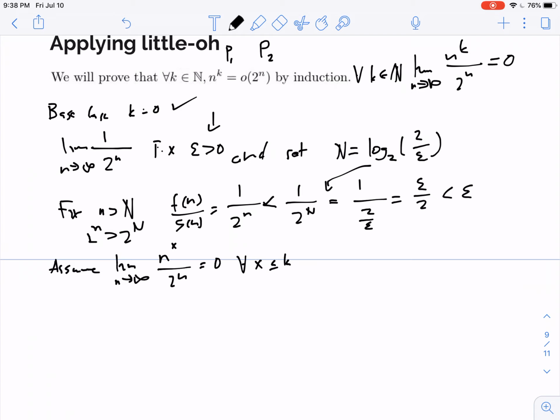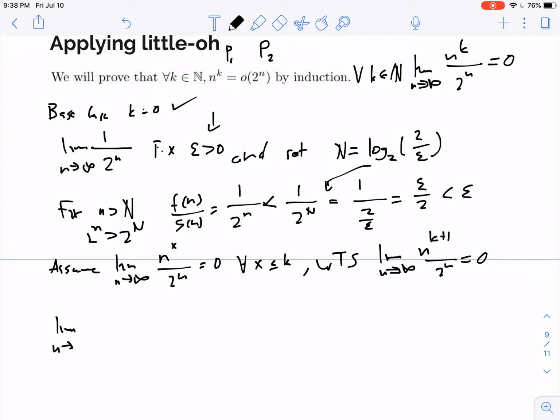And we want to show that the limit as n goes to infinity of n to the k plus 1 over 2 to the n equals 0. So we're going to use a rule called L'Hopital's.